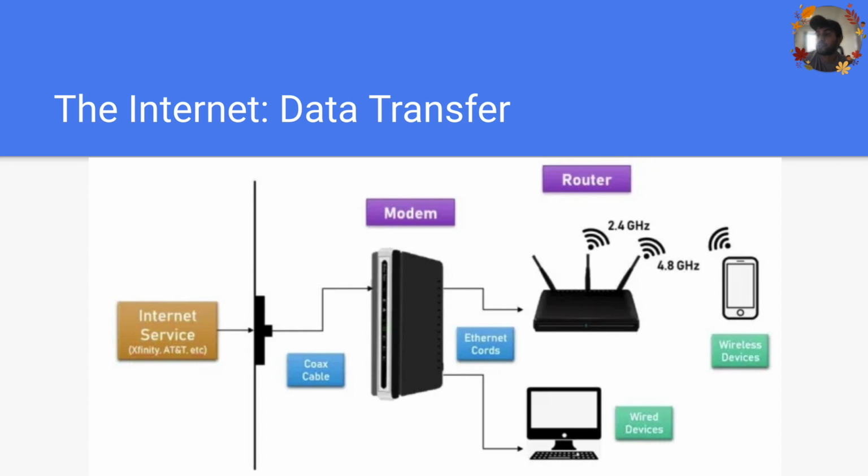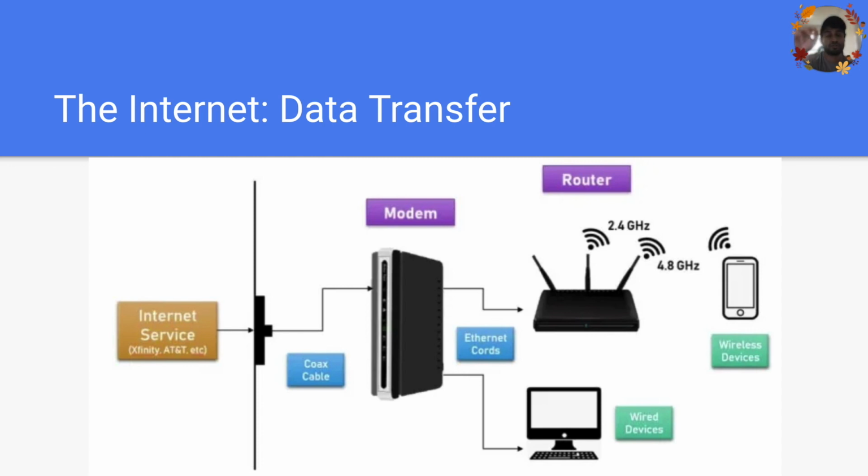So this picture just kind of shows that. On the very left, you have these hub wires, let's call them, and then those connect directly into your modem. Your modem then connects to your router, and all of that flow is either via fiber optics cables or copper cables.